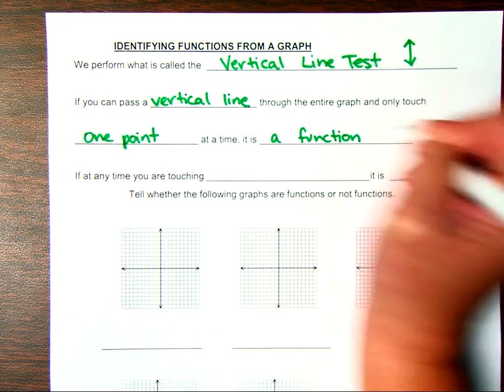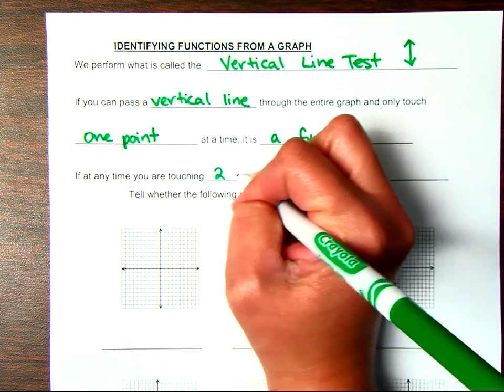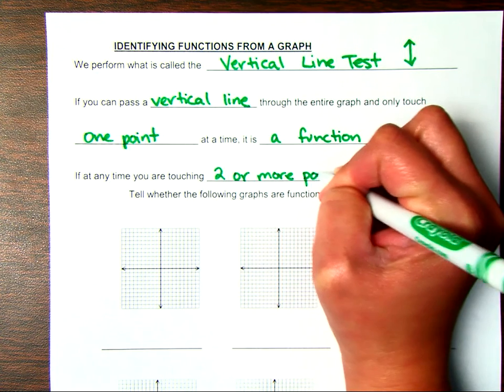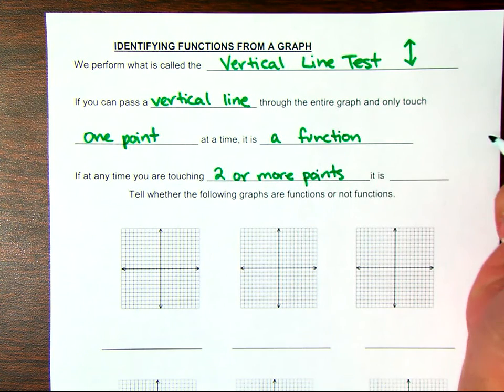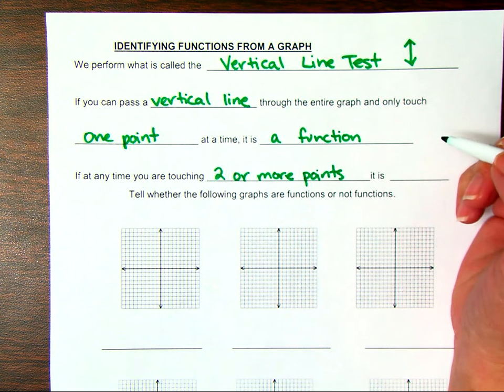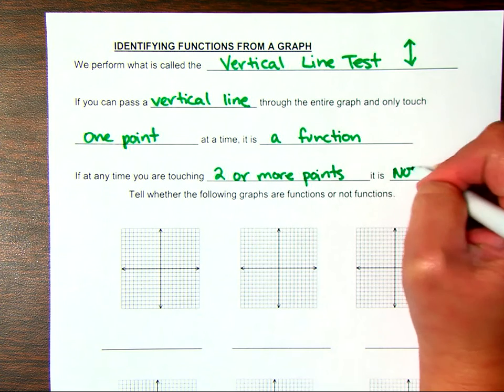And this will make more sense with the 6 pictures that I'm going to show you. If at any time you are touching 2 or more points, or those ordered pairs, then that means the x is not being matched to one and only one y value, so it is not a function.